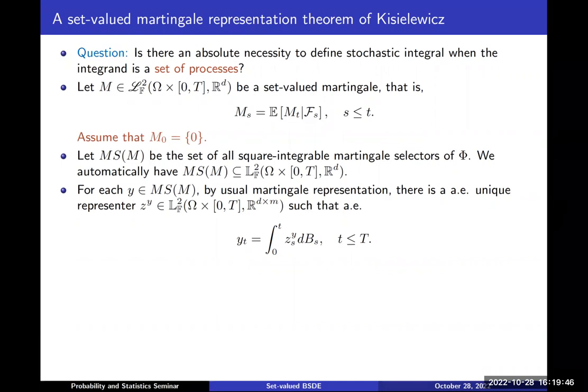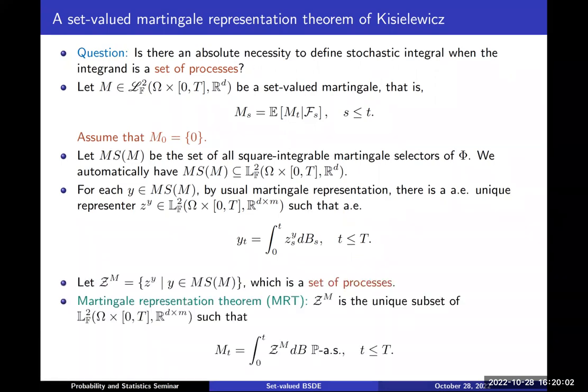Of course, each martingale, being a vector-valued martingale in the Brownian setting, has an integral representation by the classical martingale representation. I can always represent each of them as a stochastic integral. Let me collect the representatives of all those martingales. So this is one representer. I collect all of them.